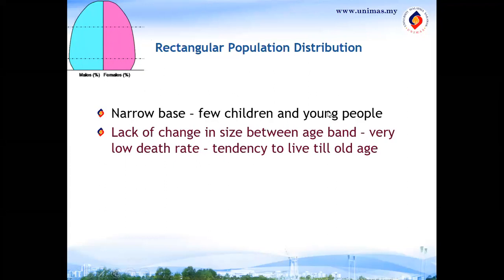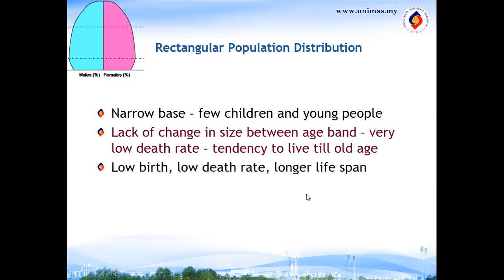Okay, so because of very low death rate, people have the tendency to live till old age, boleh hidup sampai umur tua. Okay, so characteristics of this pyramid is where you have low birth as well as low death rate and longer lifespan for the people in this country, in this region.